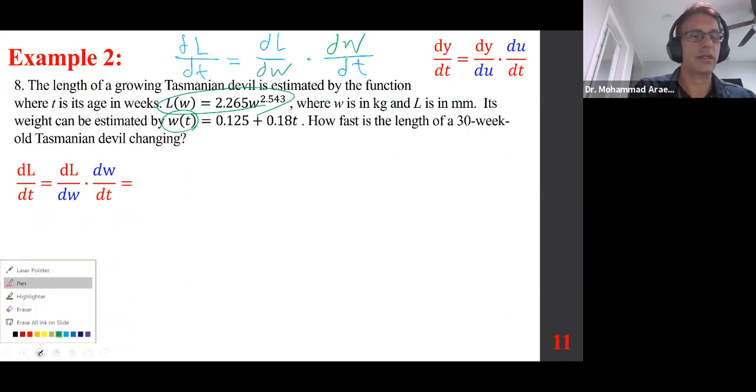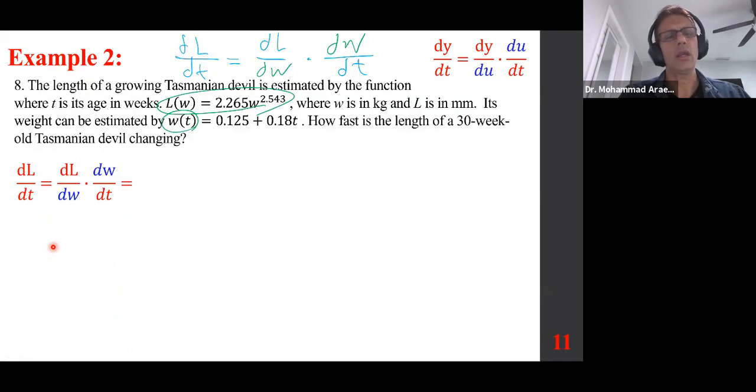Now, the next thing is, okay, what is dL/dW? 2.265 times the exponent. Again, because the numbers are a little bit involved, don't be afraid of them. I mean, assume this is 5. So this times 5, okay? And then W to the power of the same thing minus 1, which becomes 4. But of course, it's not 5. So it's a little bit nasty, big deal, okay?